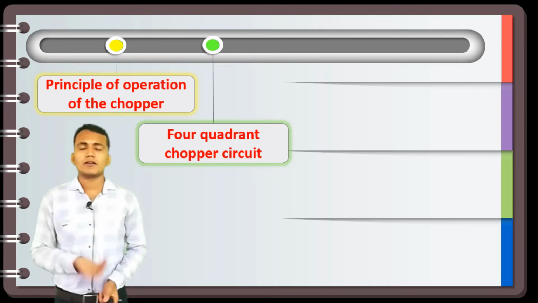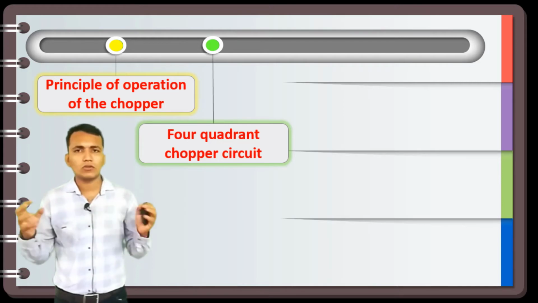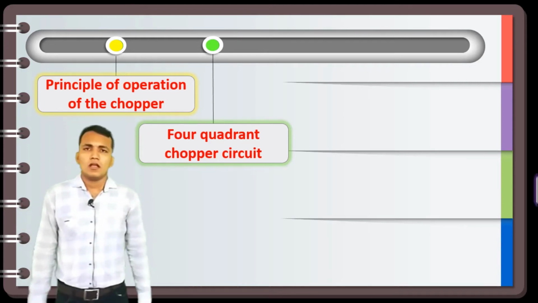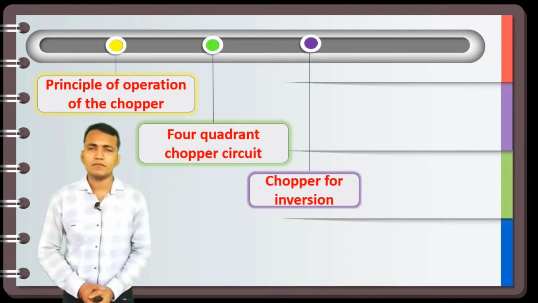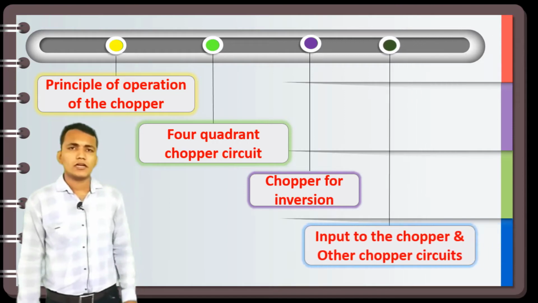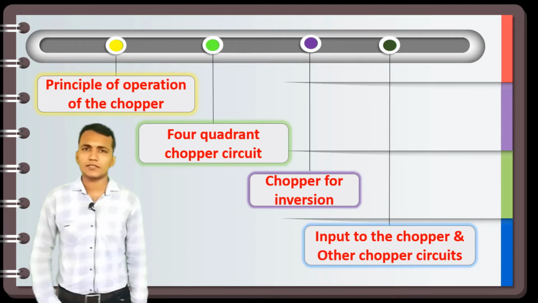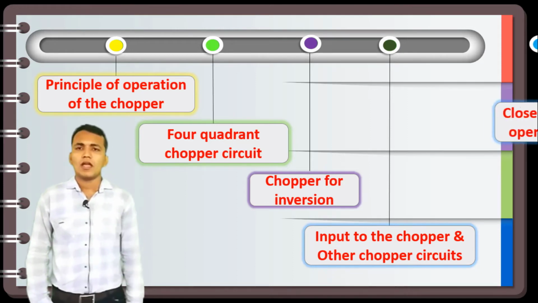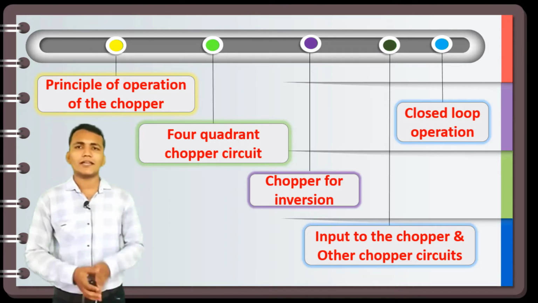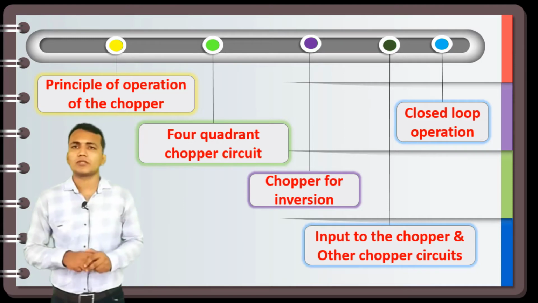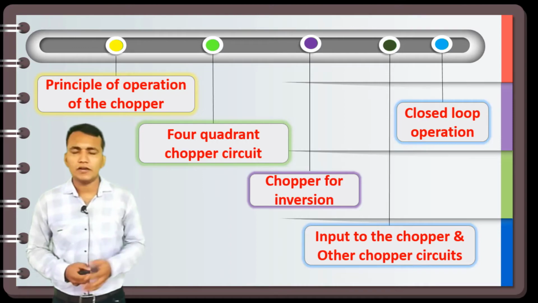In the 4-quadrant chopper circuit we study the first quadrant, second quadrant and fourth quadrant chopper circuit. The next topic is the chopper for inversion. Then the input to the chopper circuit and other chopper circuits. And the last topic is closed loop operation. That is the theory content that we have to study in this chapter number 4. So let us start with this content first.